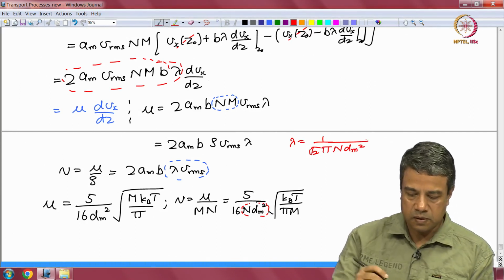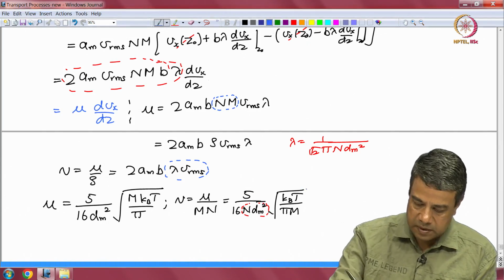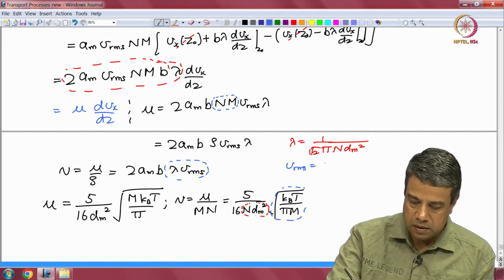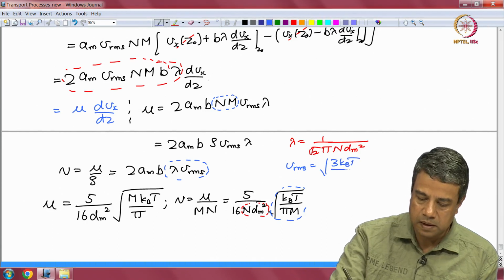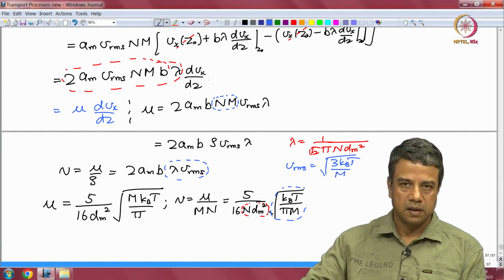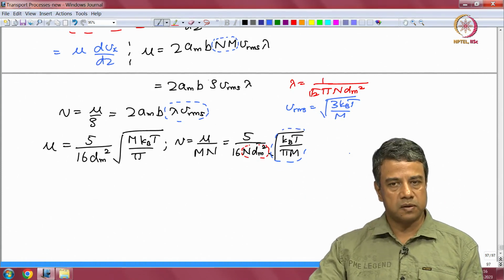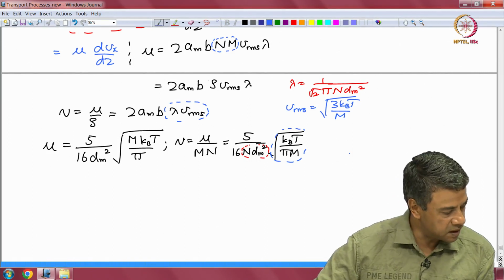And this whole thing is proportional to Vrms, where Vrms is equal to square root of 3 kb T by m. So, the diffusion coefficient is once again proportional to the mean free path times the RMS fluctuating velocity.